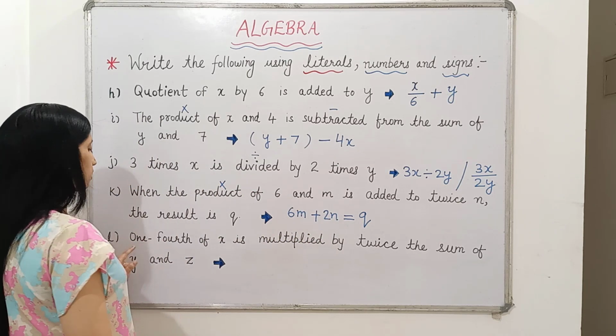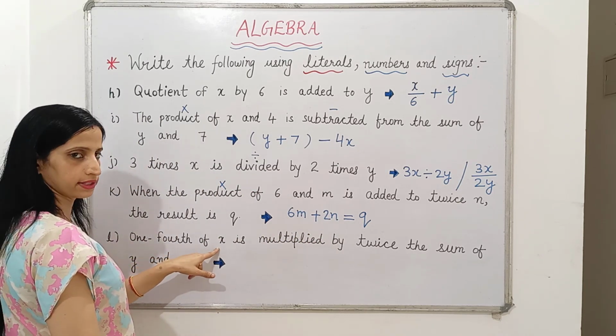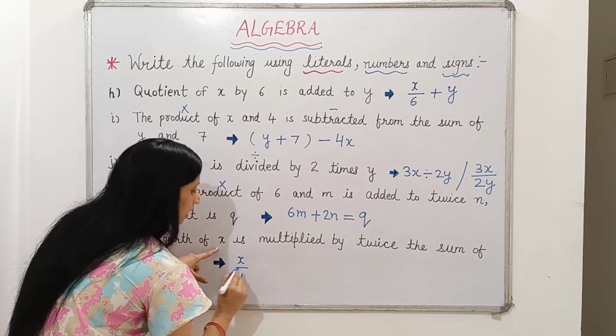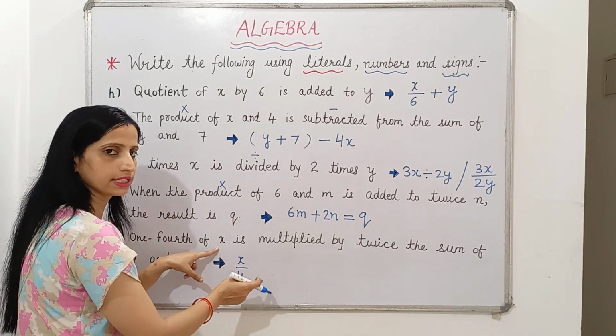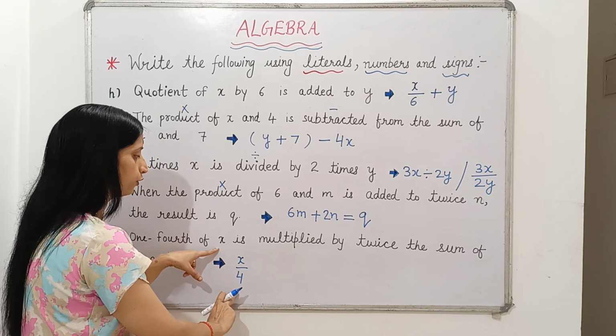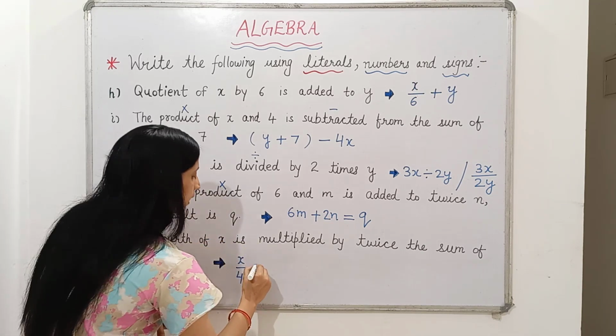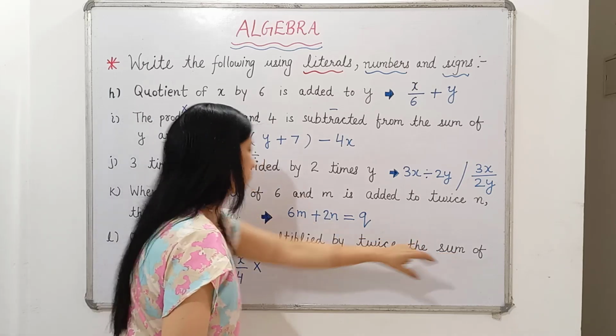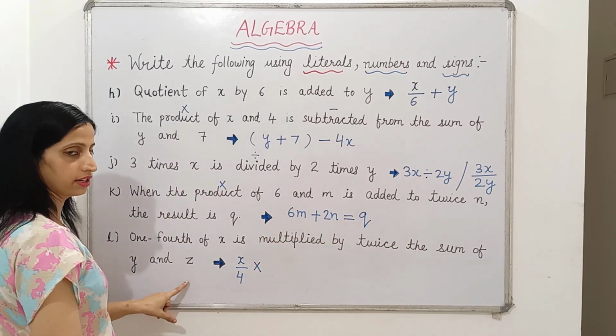Next is 1/4 of x. Simply write it as x by 4, or we can write 1 by 4 multiplied by x. The answer will be the same. x by 4 is multiplied by twice the sum of y and z.